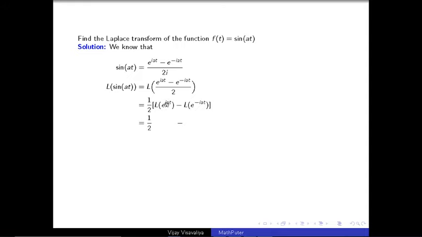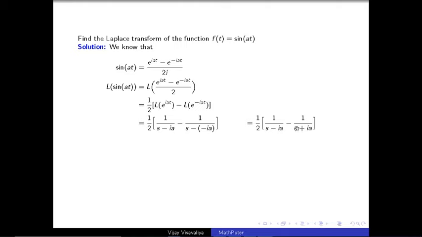Here the constant is ia, so the Laplace transform is 1 upon s minus ia. For e raised to minus iat, the constant is minus ia, so the Laplace transformation is 1 upon s plus ia. Please consider here 1 upon 2i.